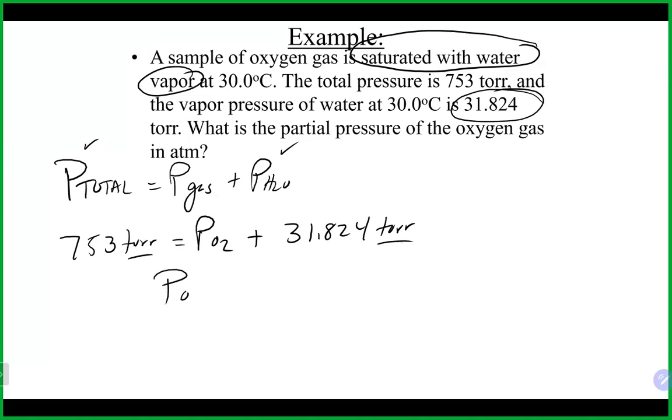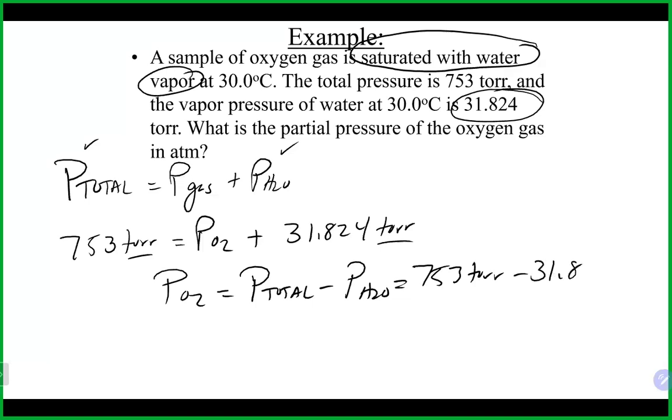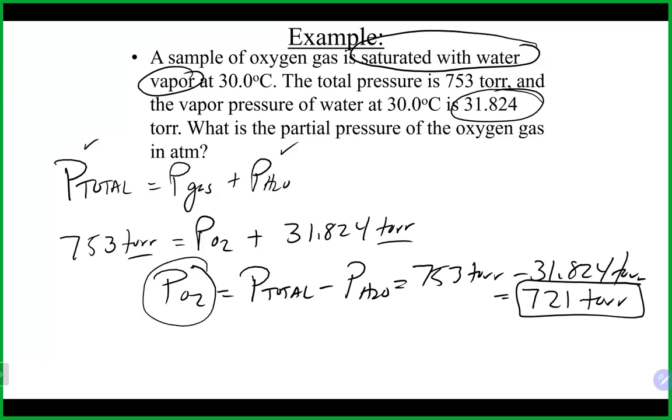So the partial pressure of oxygen is the total pressure minus the pressure of water vapor, which means 753 torr minus 31.824 torr. That gets us approximately 721 torr, and that represents the partial pressure of oxygen.